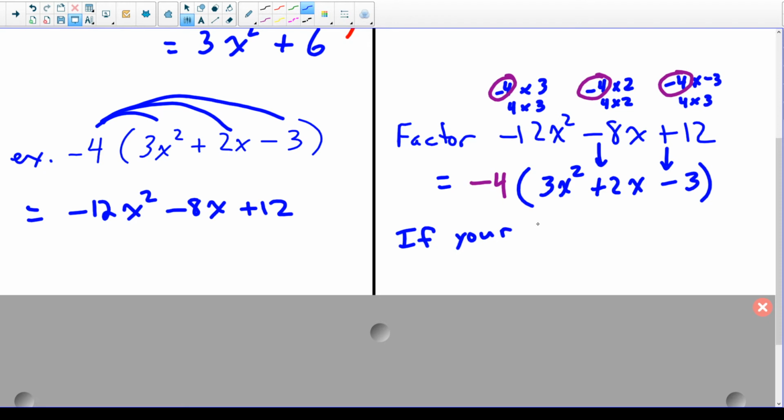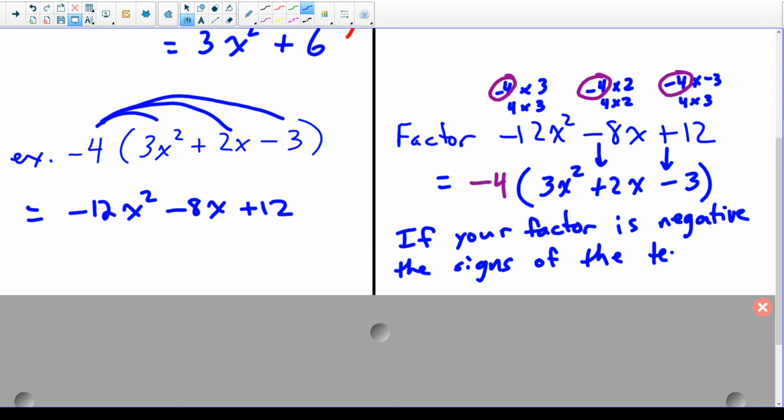So I'm just going to write: if your factor is negative, signs of the terms change. Okay, so I'm going to put an arrow there to show which factor I'm talking about.